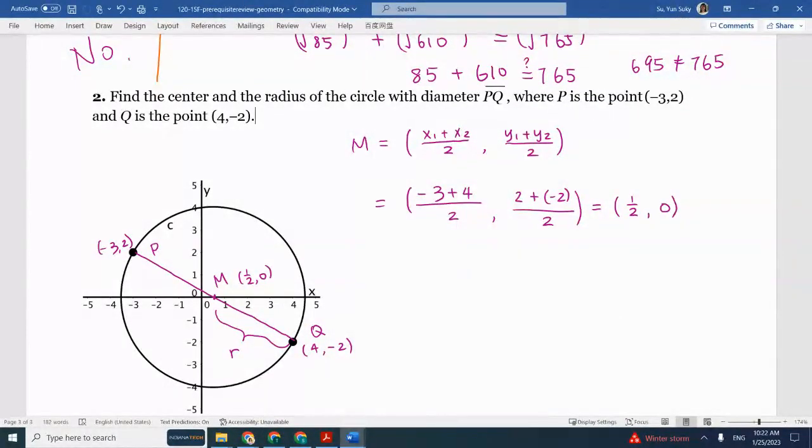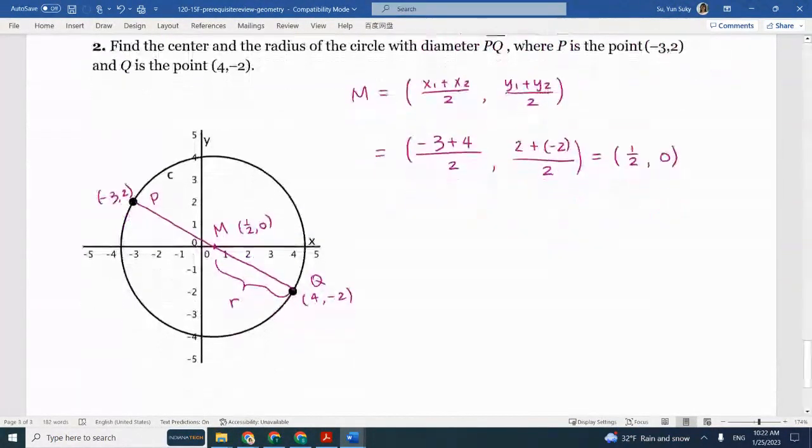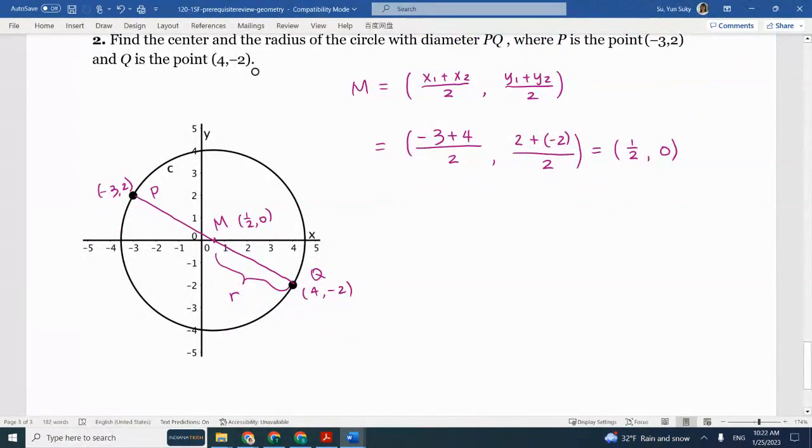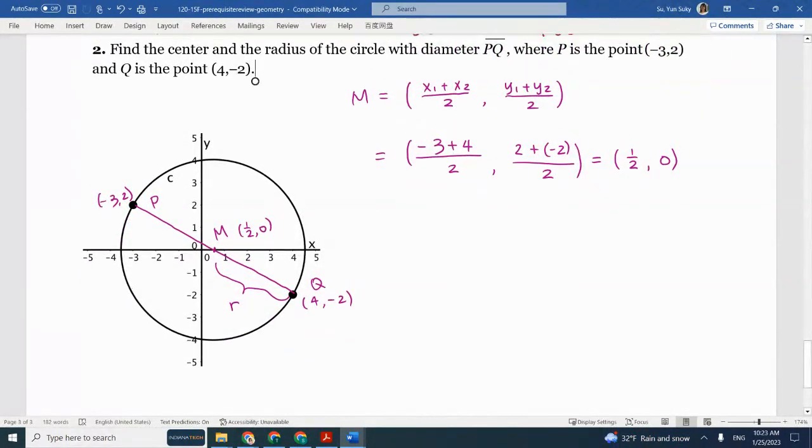So we have the midpoint, which is the center of the circle. Now let's compute the radius. There are two ways to compute the radius.